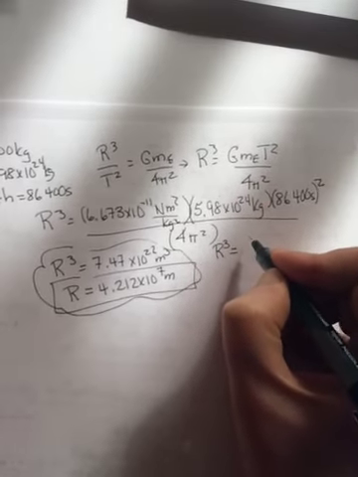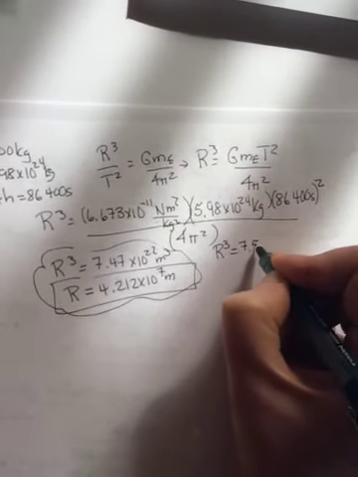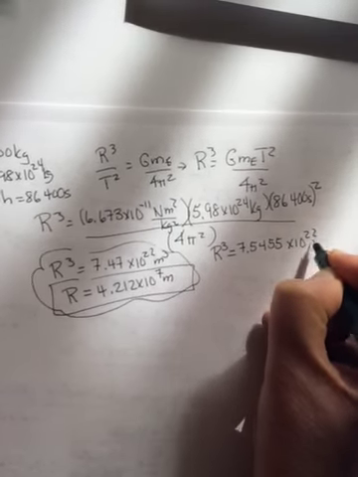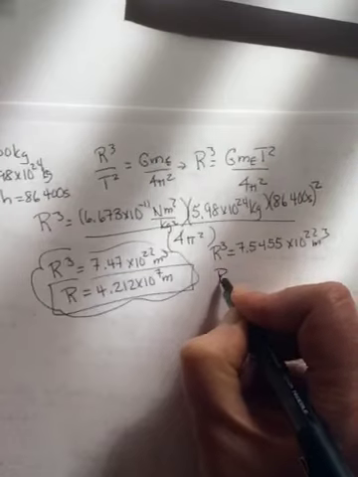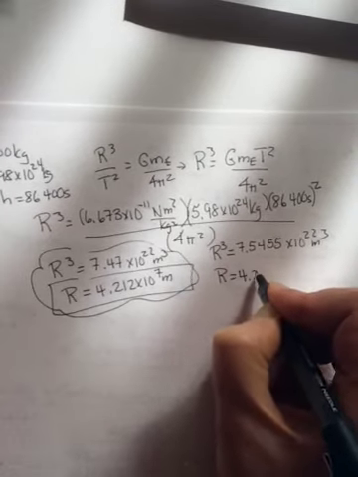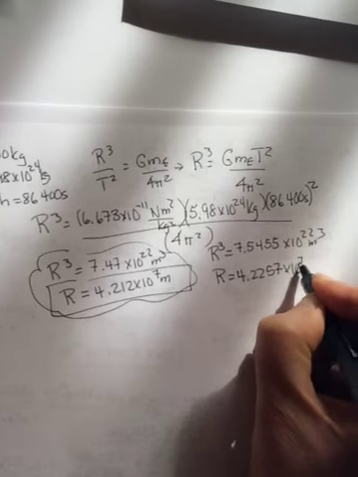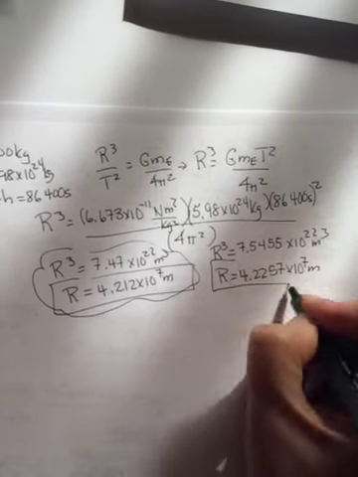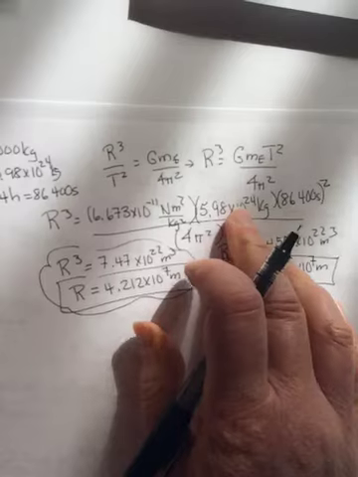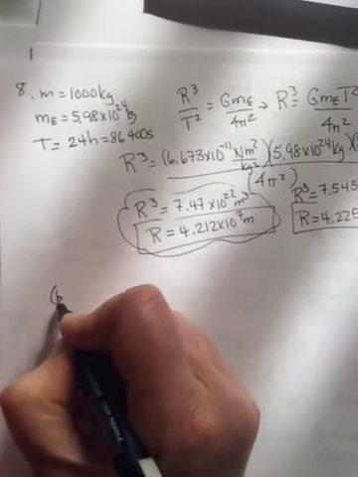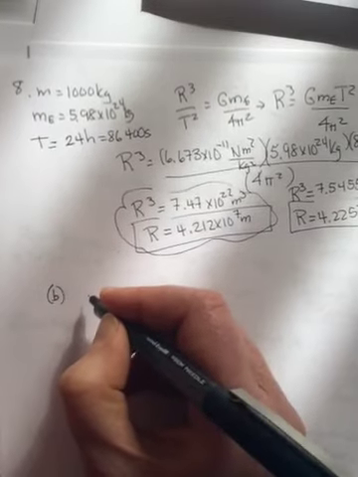If you do it this way, it's 7.5455 times 10 to the 22 meters cubed, and then take the cube root and you get 4.2257 times 10 to the 7th. The difference here would be just because of rounding, right? Rounding the mass of the Earth, rounding the numbers for the moon. Sorry about that. I did it both ways and then I forgot.